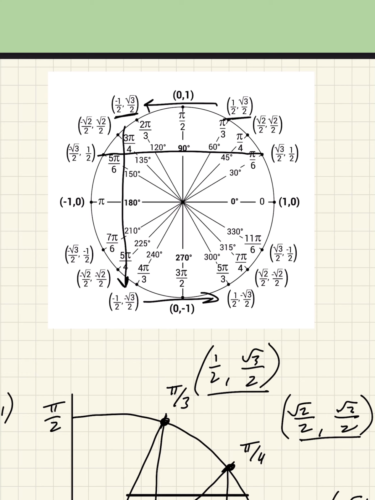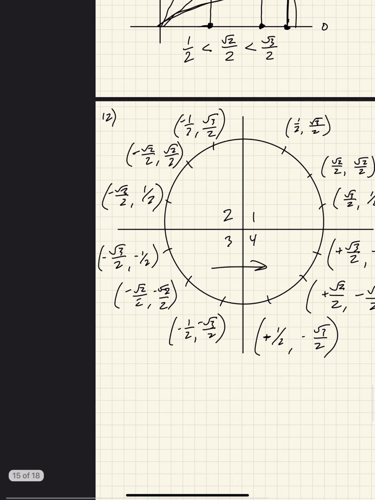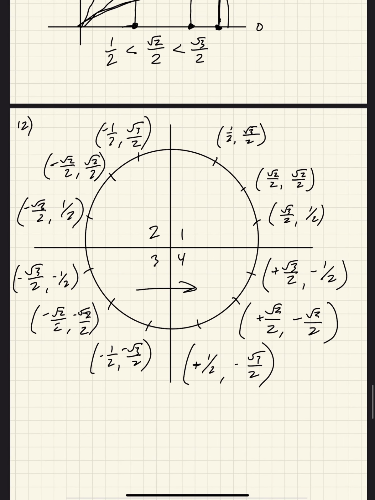Similarly here, you can follow the same trend. So this makes it very, very easy to memorize our actual sine and cosine values at these points. If we just remember a single quadrant, we can fill in all the rest of them.